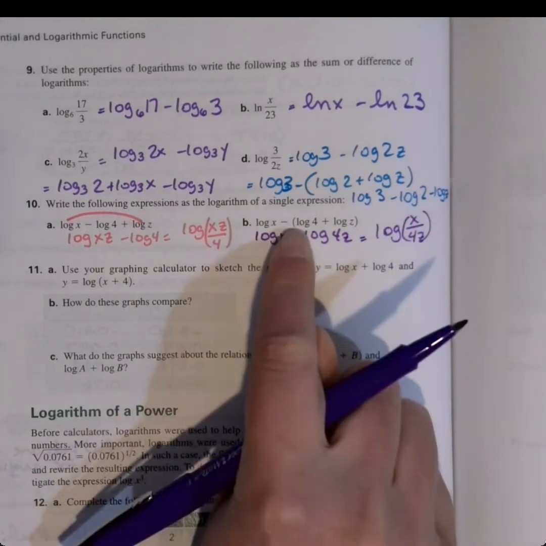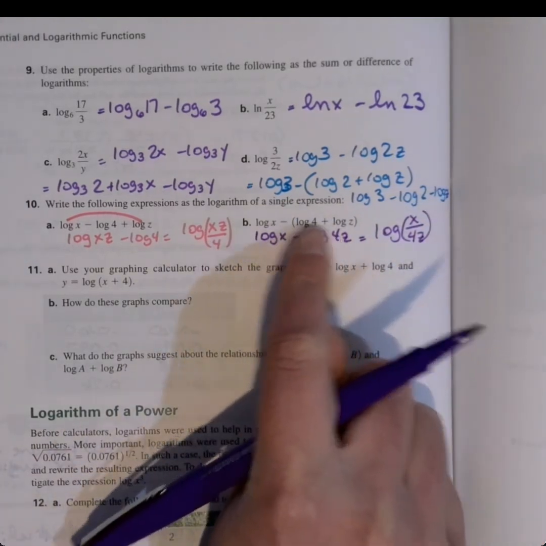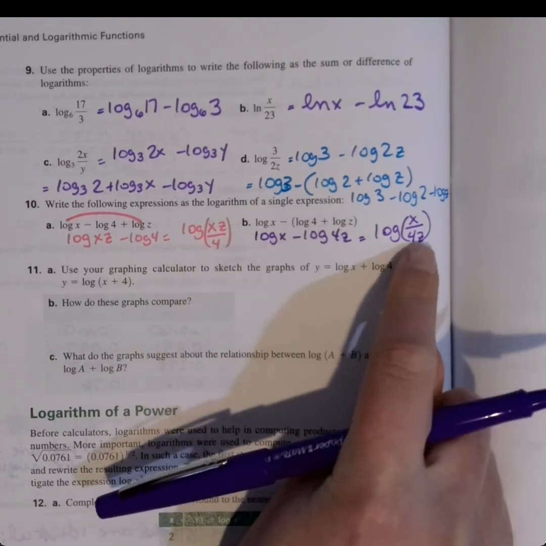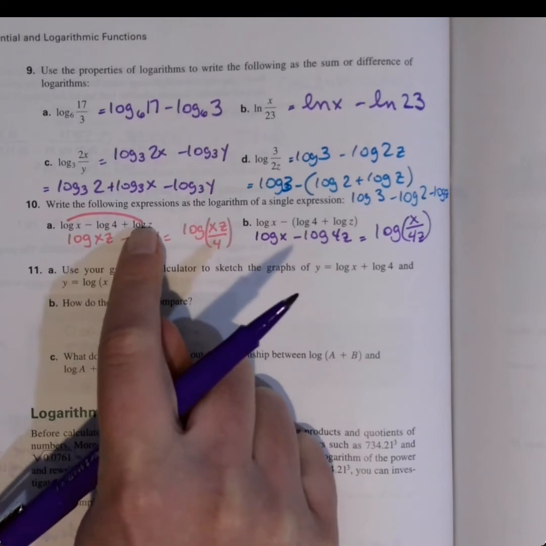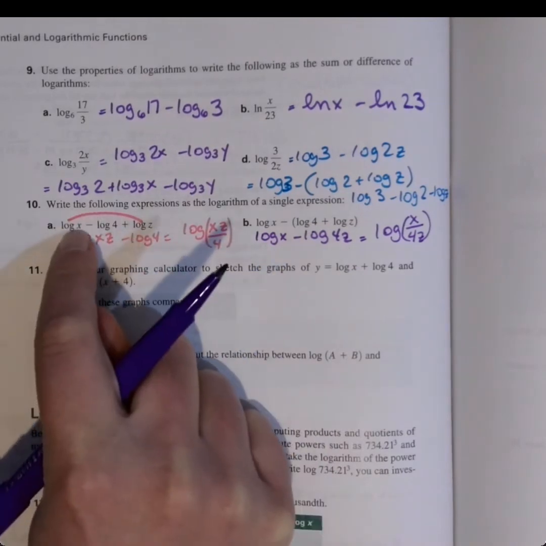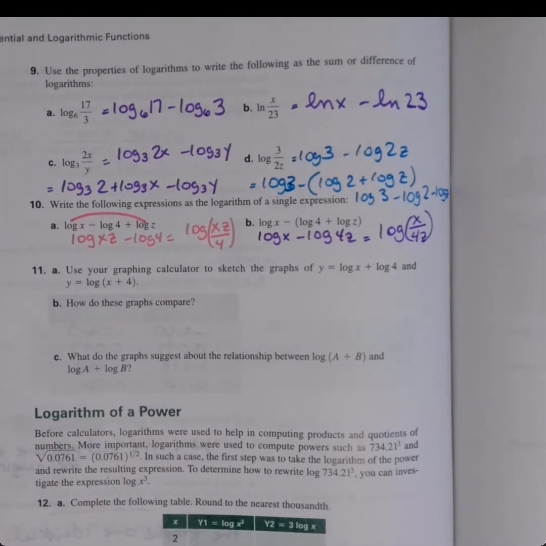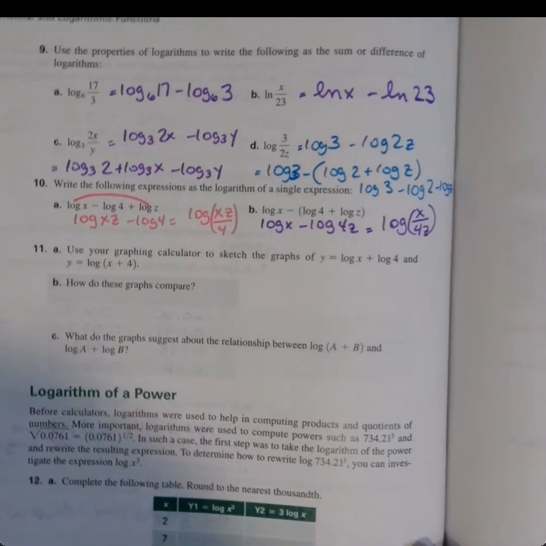So the parentheses here, in this addition inside the parentheses with a negative, means that this z is also going to have the negative associated with it, so that z is going to be in the bottom. Without the parentheses, this z is positive like the x, so it's going to go up, combine with that one, go up in the top. Negative signs signify that it should be in the bottom of our log.